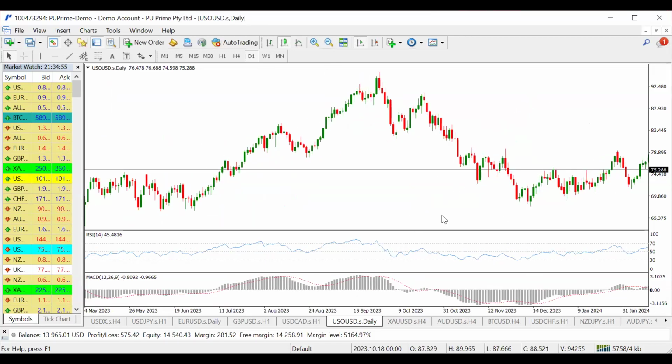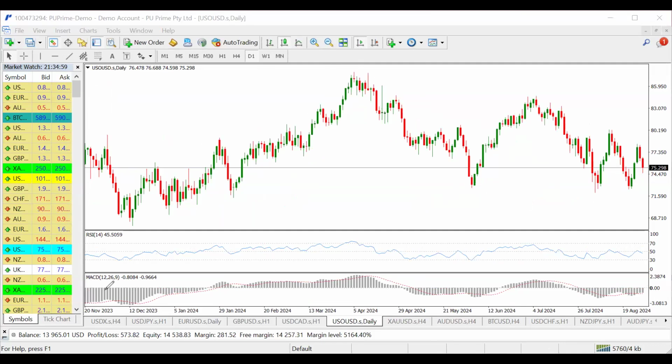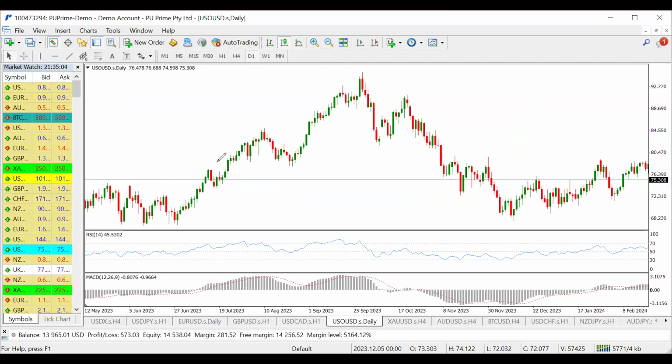Yeah, this is it right here. Oh, sorry, the MT4. I need to push. Okay. So this is the shoulder, the head, the second shoulder, and that's the breakout.